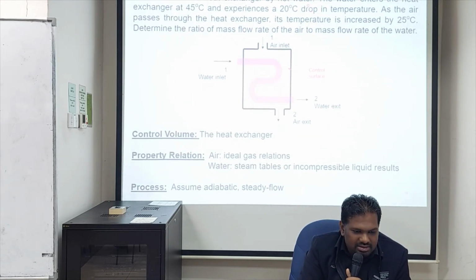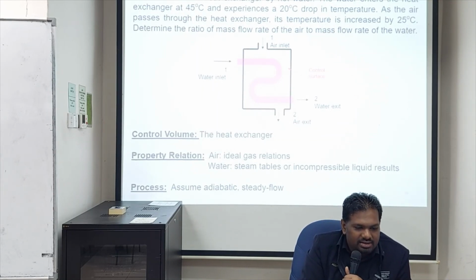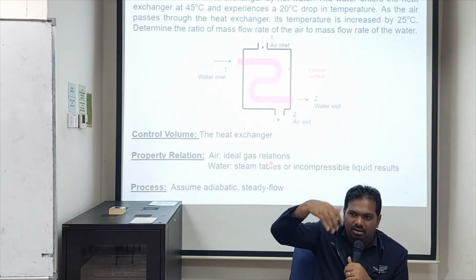Okay, so this is the schematic. So ada two entrance, one for water and one for air, and one exit for water and one exit for air. Okay, so the control volume is the heat exchanger. So property relation, okay, so air is under ideal gas. Boleh tengok dekat ideal gas table.